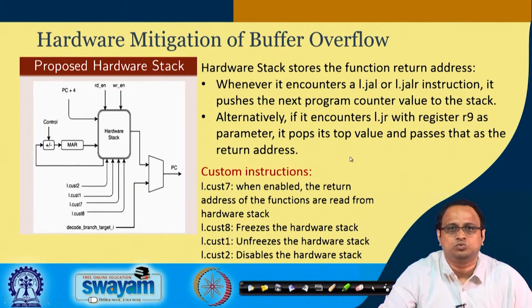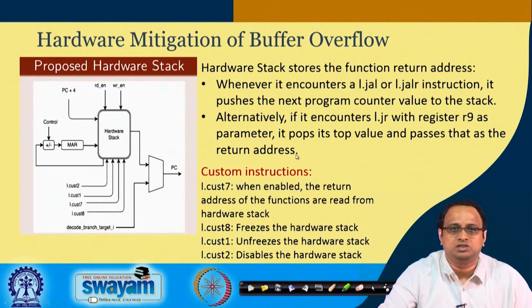In this work, which we prototyped on an OpenRISC platform, the register R9 is where the return address gets located. Whenever we encounter a JR instruction with register R9 as a parameter, the hardware stack pops its top value and passes that as the return address, rather than what is actually stored in the software stack.